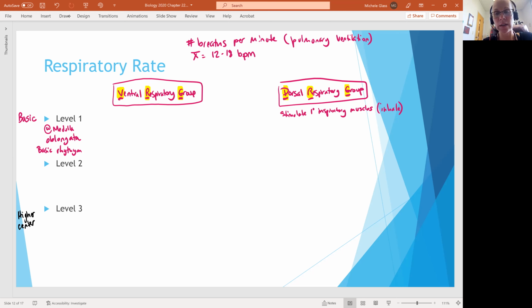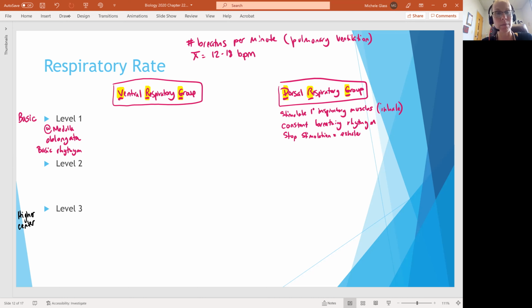This is giving us a constant breathing rhythm. This is keeping you breathing. And when you stop stimulation, remember that's giving you your exhale, because your exhale in quiet breathing is just passive.